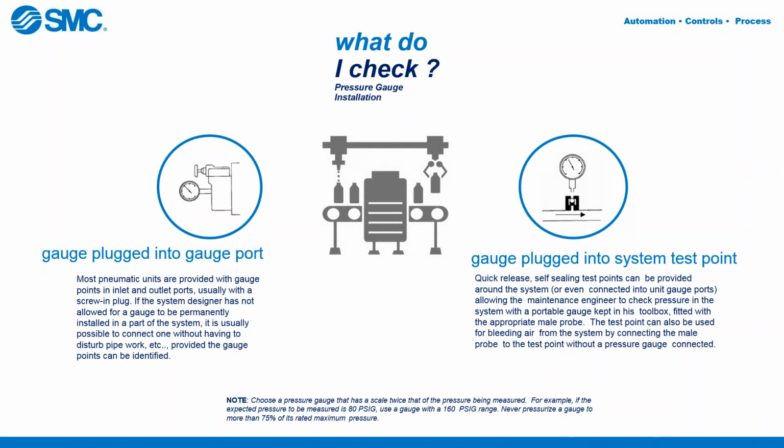As I said, you might see a gauge plugged into a port. If you suspect that the gauge that is installed may not be accurate, you may be able to remove an existing gauge and use a new digital gauge that is more accurate or has been recently tested. If you're lucky, the system has test ports or test points that you can use without too much trouble.